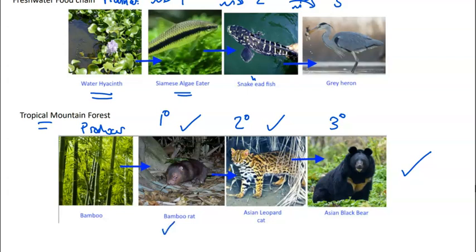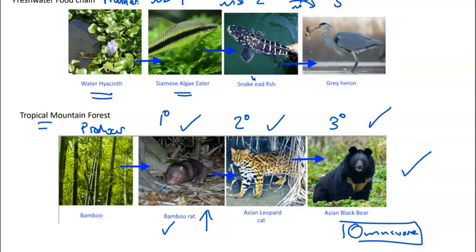And one of the disadvantages of food chains is that they don't allow you to show that an organism can be both a primary consumer and a secondary or tertiary consumer, which of course is what we call an omnivore. So in this diagram, the bear is shown as a carnivore. If we placed the bear here, it would be shown as a herbivore. But in fact, it's an omnivore.